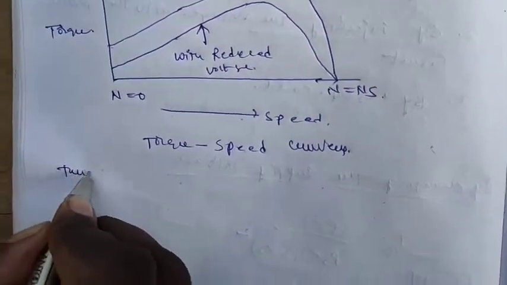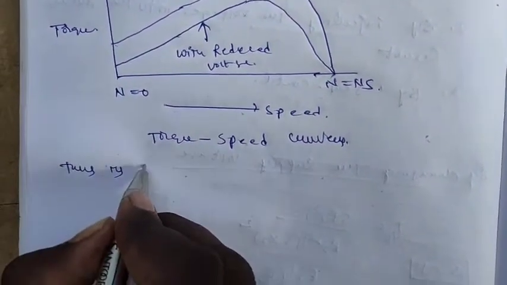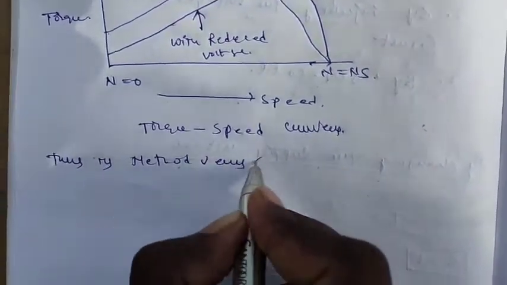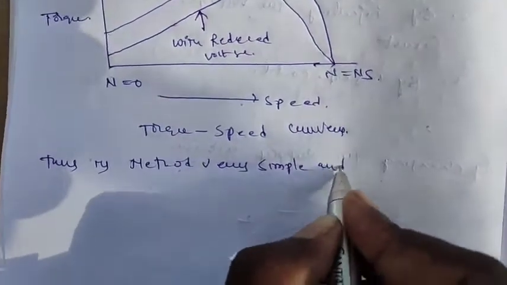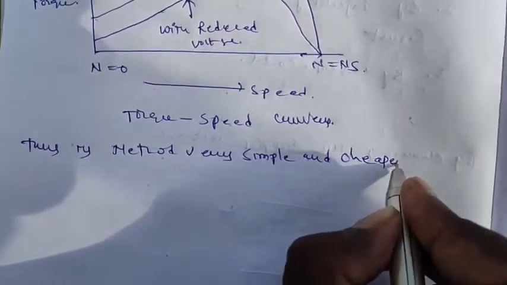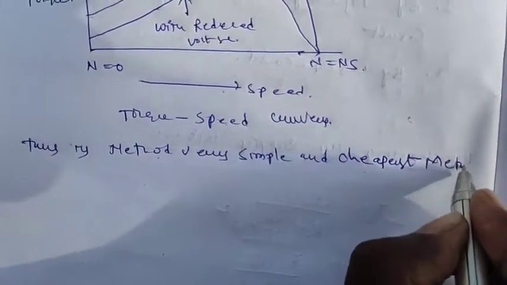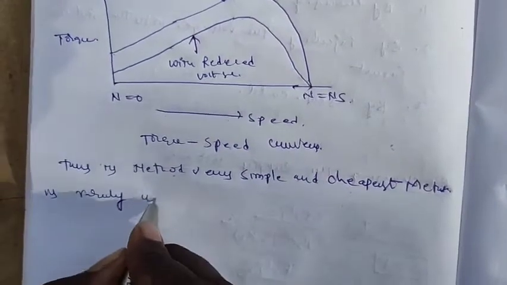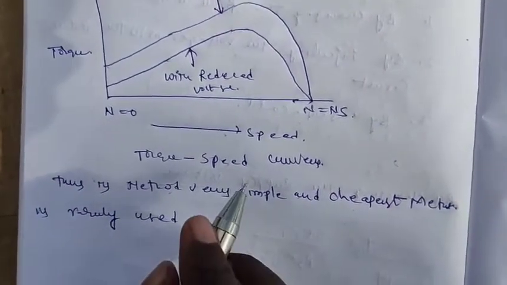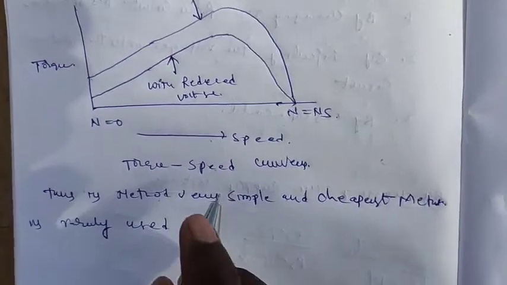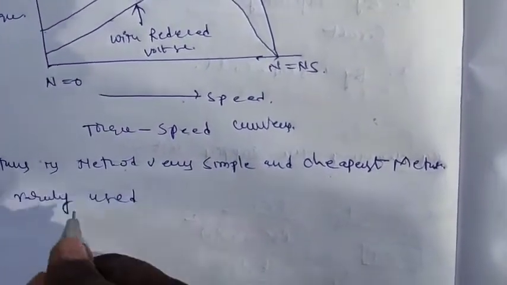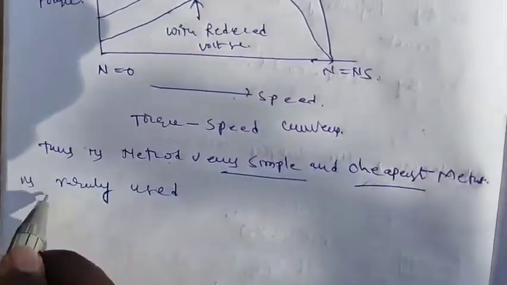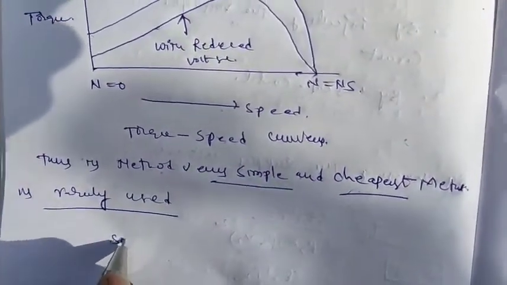This method is very simple and the cheapest method, but it is rarely used because a large change in voltage is required for a small change in speed.